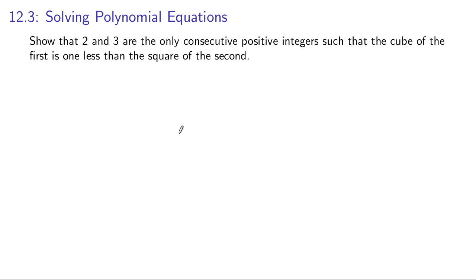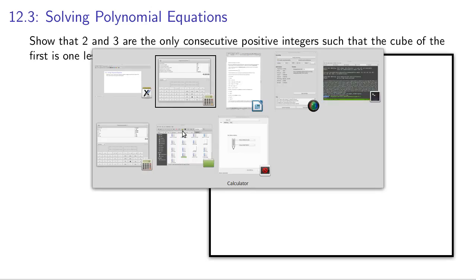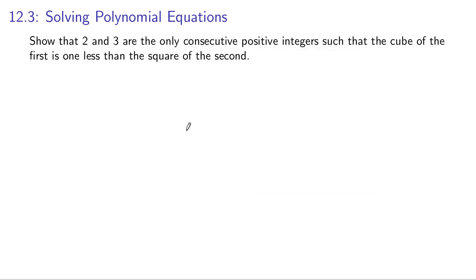Let's show that 2 and 3 are the only consecutive positive integers such that the cube of the first is 1 less than the square of the second. That sounds like a lot to think about. Okay, so we have consecutive positive integers. Let's say that the first of them is n, and the second would be then n plus 1, because they're consecutive. So this could be 3 and 4, 6 and 7, n could be 10, and then n plus 1 would be 11.